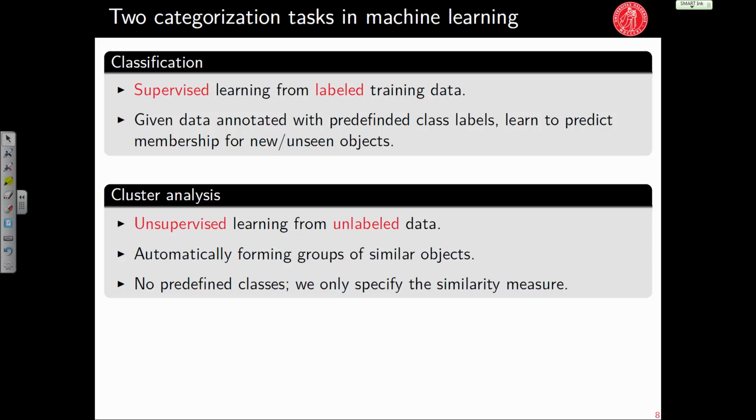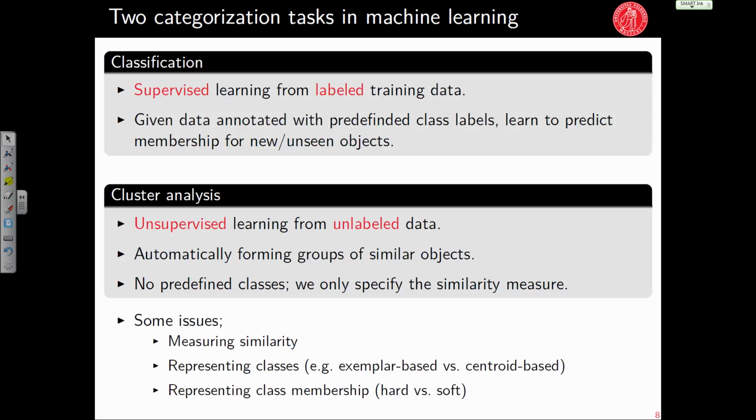There are no predefined classes in clustering. All we did is specify a similarity measure. In both cases, we were relying on the contiguity hypothesis, meaning that objects that are similar tend to be positioned more or less in a similar region in the space.